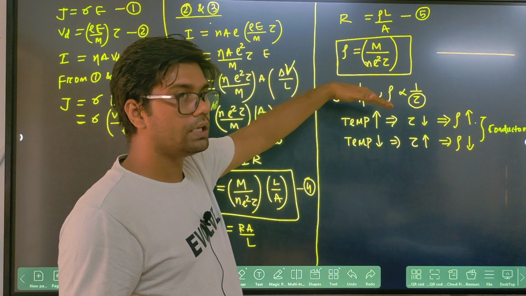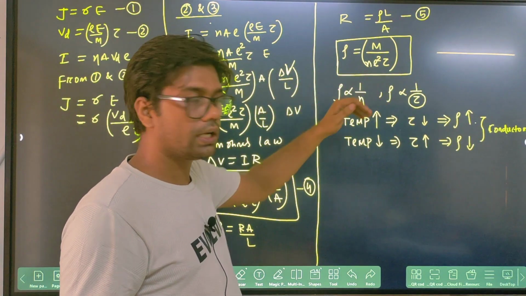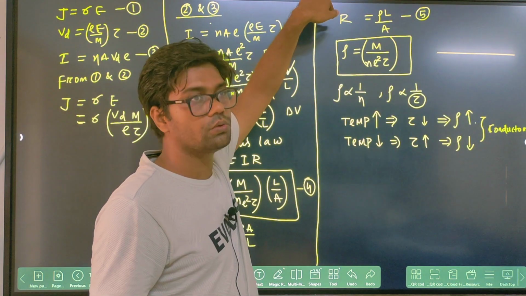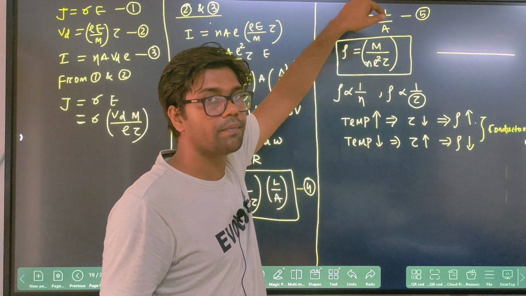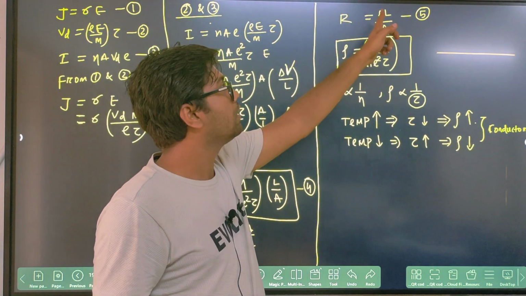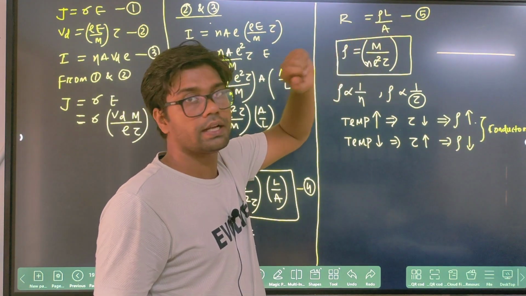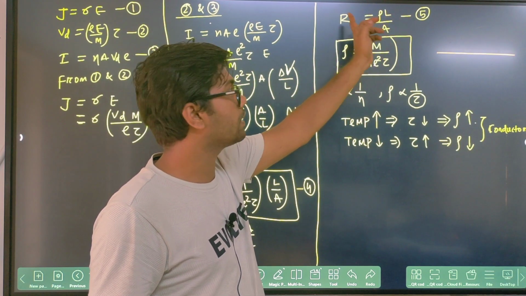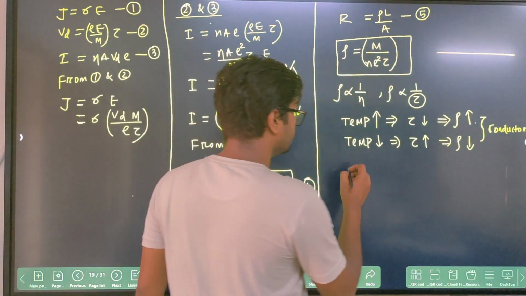So if the resistivity depends on temperature, then resistance also depends on the temperature. Though resistance depends on the dimensions of the conductor, it also depends on resistivity. Resistivity changes with temperature, that means resistance also changes with temperature.